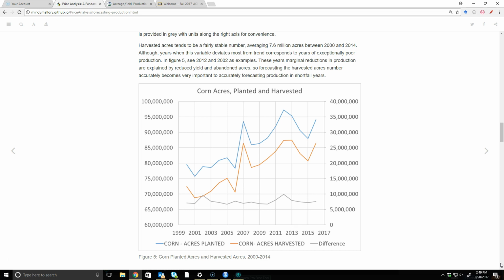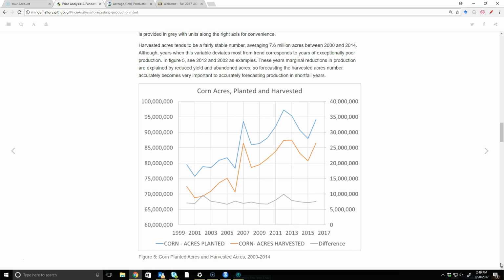Now notice the difference between planted acres and harvested acres is actually pretty stable. It averages 7.6 million acres during this time frame, and you can only see two real big spikes up. You might not be surprised to realize that actually corresponds to two significant drought years during that sample. The most recent being 2012, and then 2002 was also a drought year.